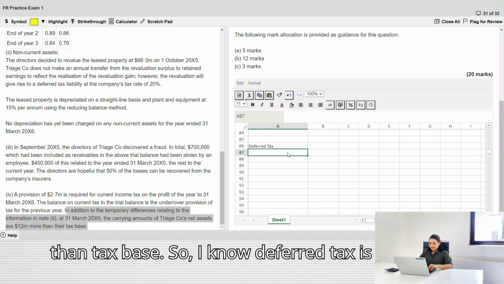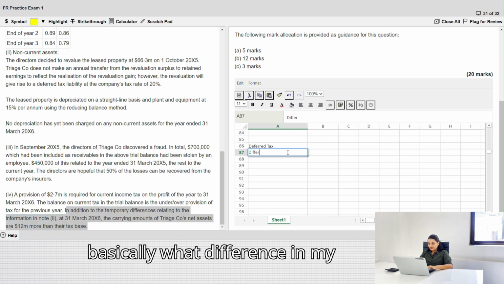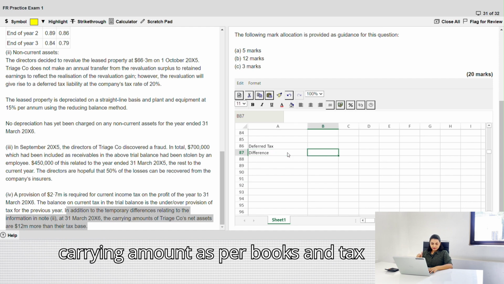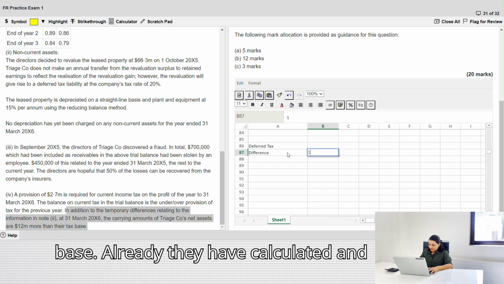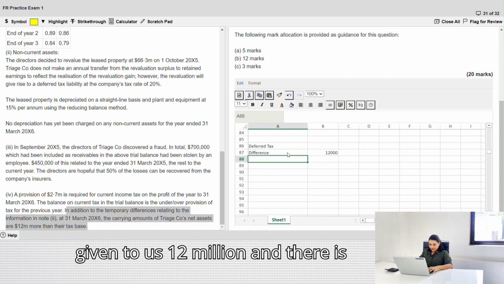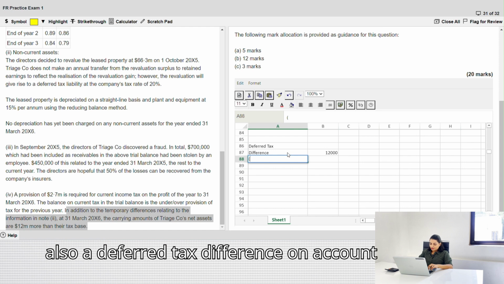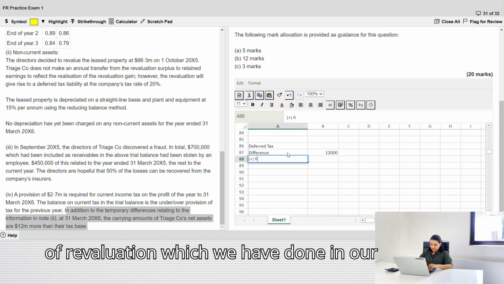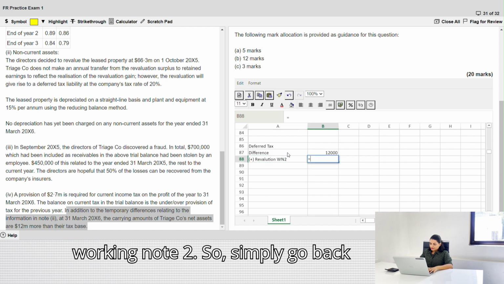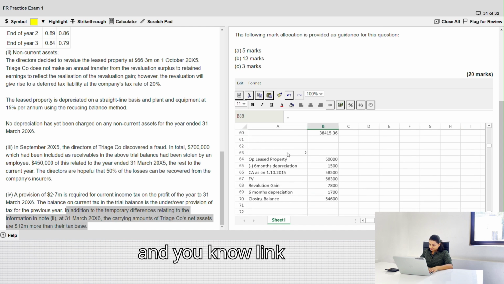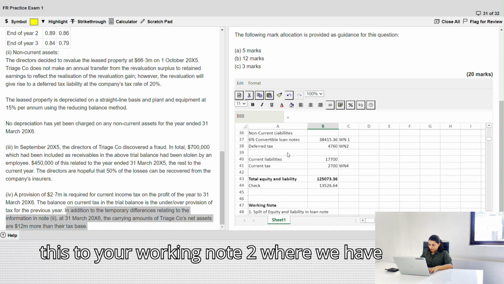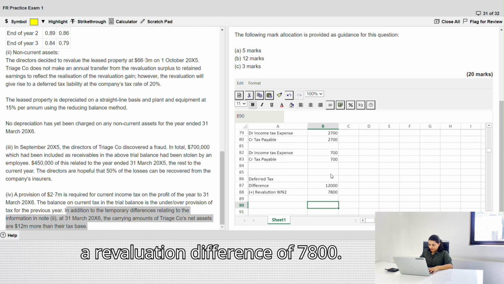So I know deferred tax is basically the difference in my carrying amount as per books and tax base. Already they have calculated and given to us 12 million, and there is also a deferred tax difference on account of revaluation, which we have done in our working note 2. So simply go back and link this to your working note 2, where we have a revaluation difference of 7,800.